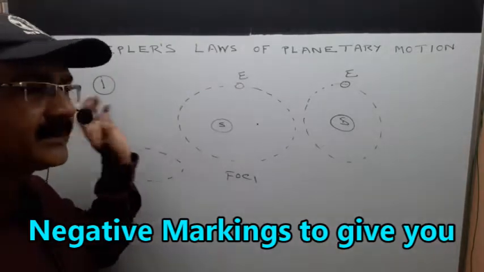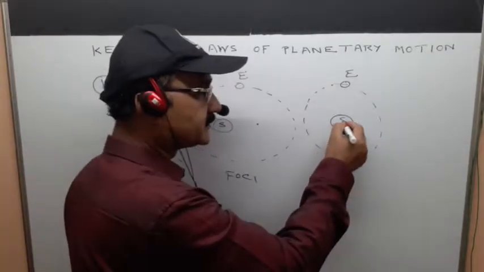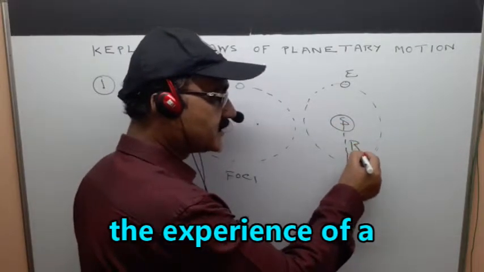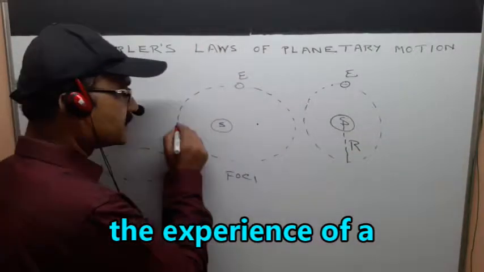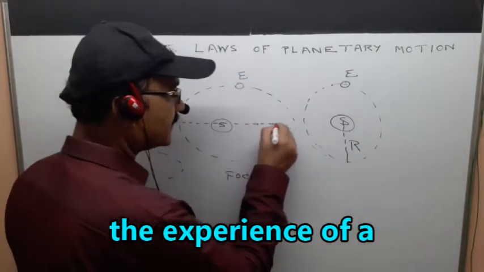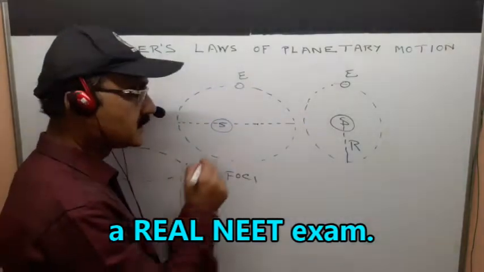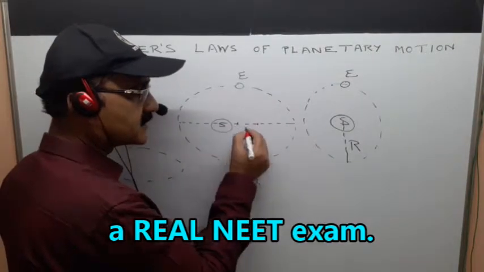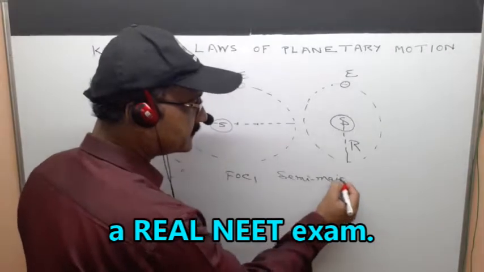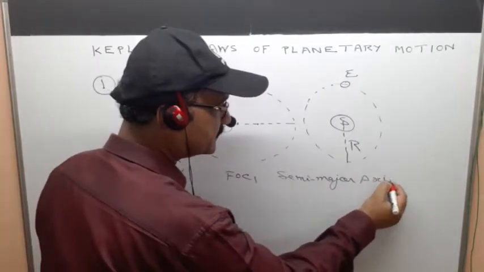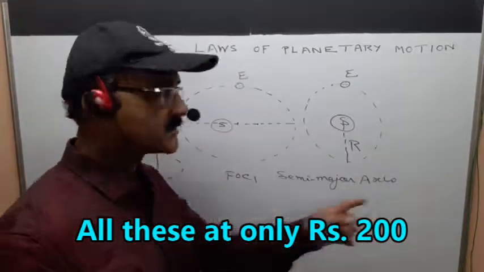Okay, why is this important? The slightly elliptical concept is that here we know for a circle there is a radius which we usually call say r. In the ellipse, if we join like this, this line is called the major axis. So half of that is called the semi-major axis.